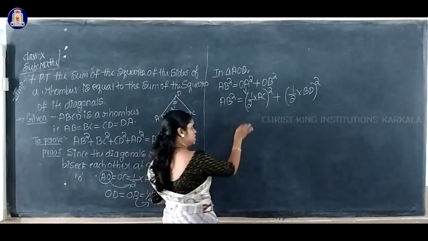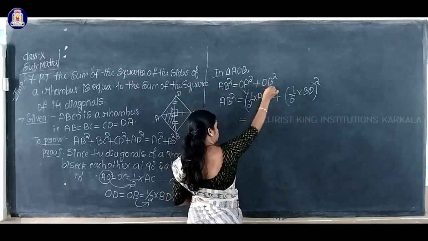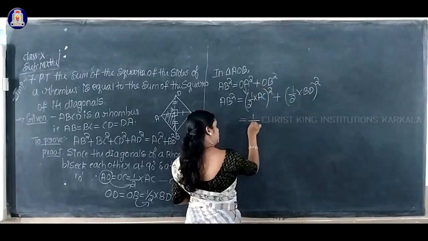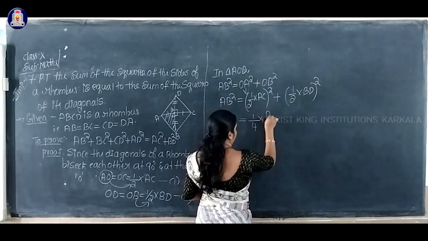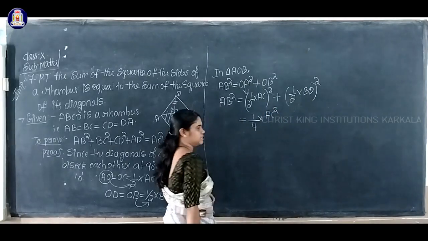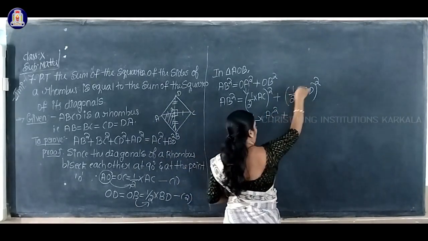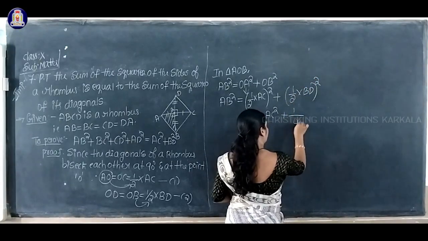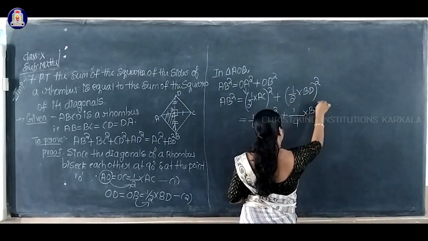Now this is equal to 1 by 2 whole square. 1 square equals 1, 2 square equals 4, into AC square, as it is, plus 1 square equals 1, 2 square equals 4, into BD square.